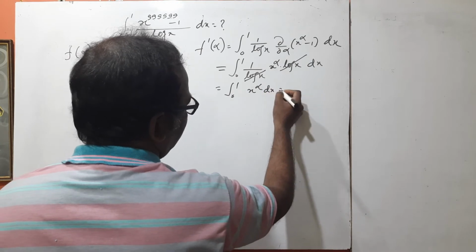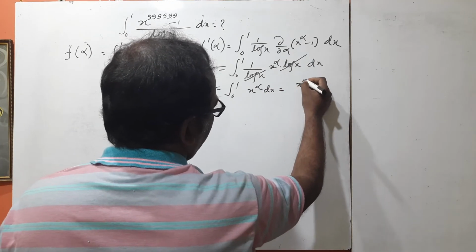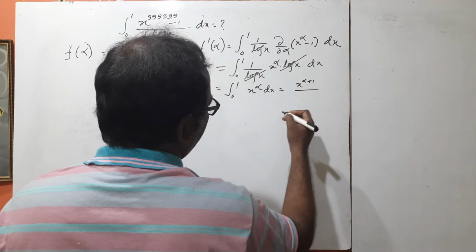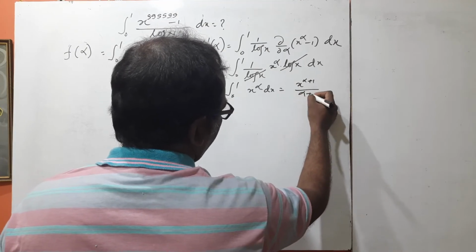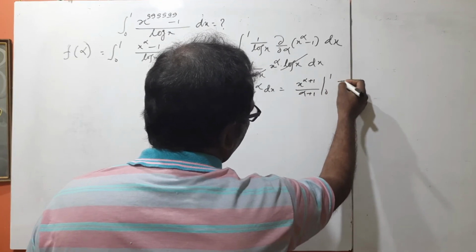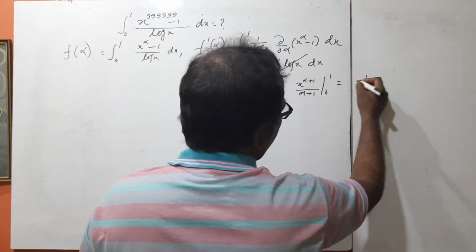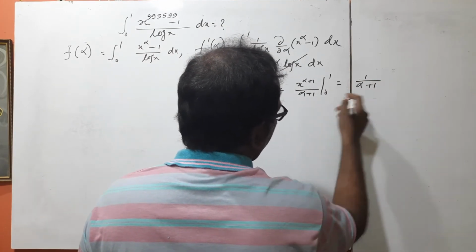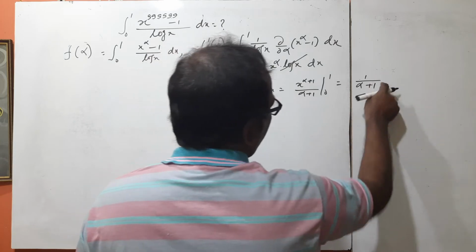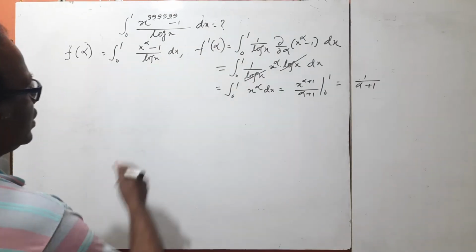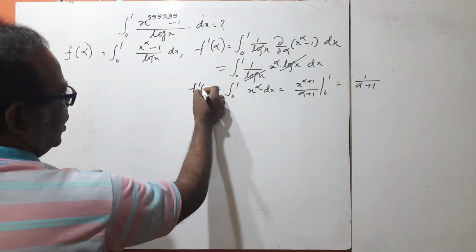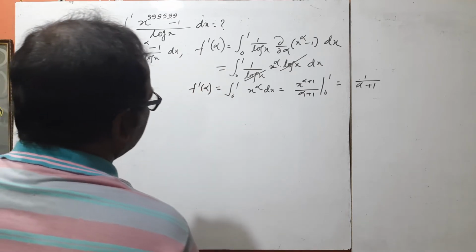This is a very easy calculation. It is x to the alpha plus 1 over alpha plus 1, with limits 0 to 1, which equals 1 over alpha plus 1, since the lower limit 0 gives nothing. This is f dash alpha.